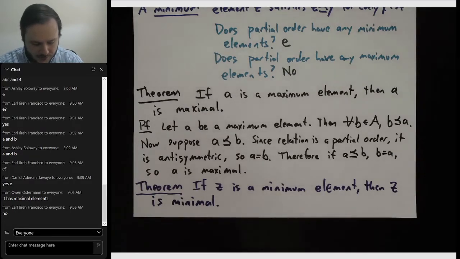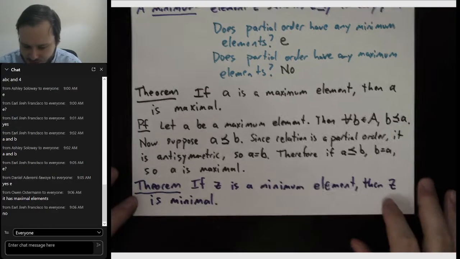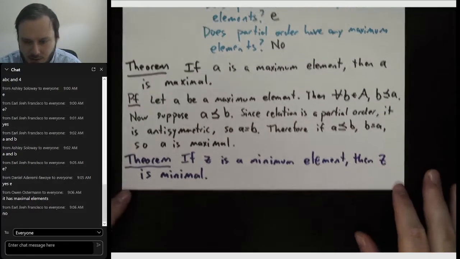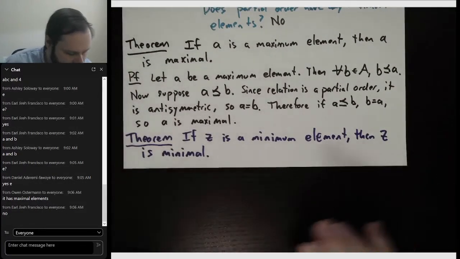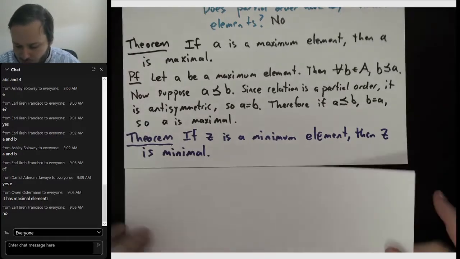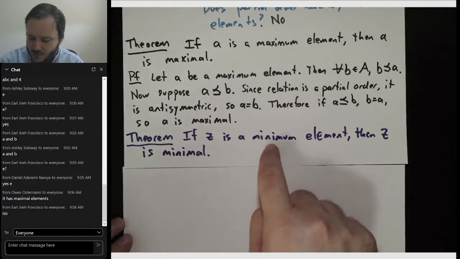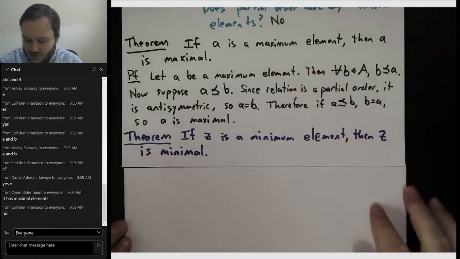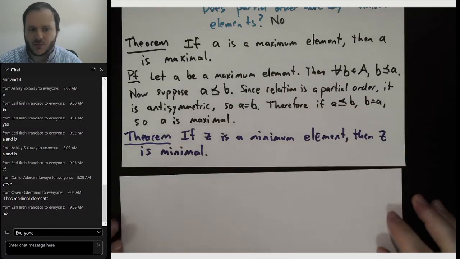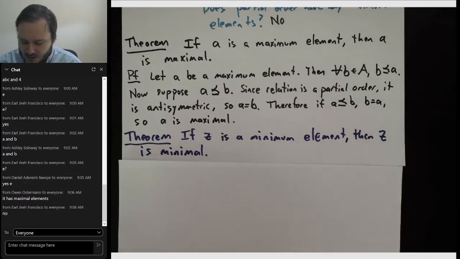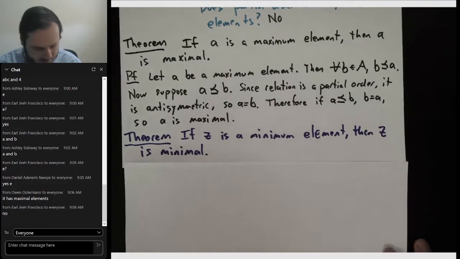One more pair of theorems I want to talk about before our break. I've been very careful to say a minimum or a maximum element, but your intuition might tell you that there can only be one. So let's write that down and prove it.